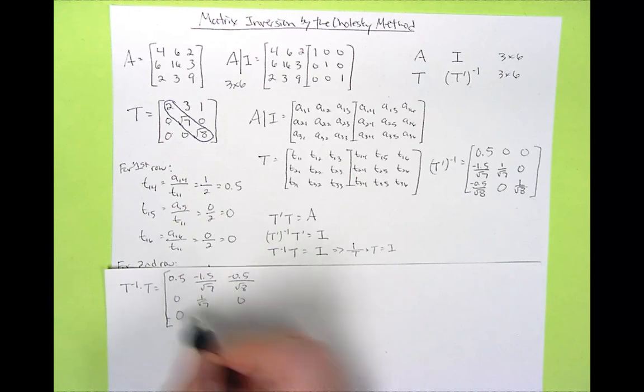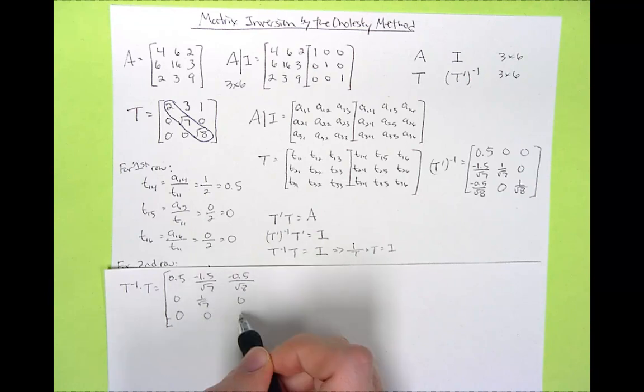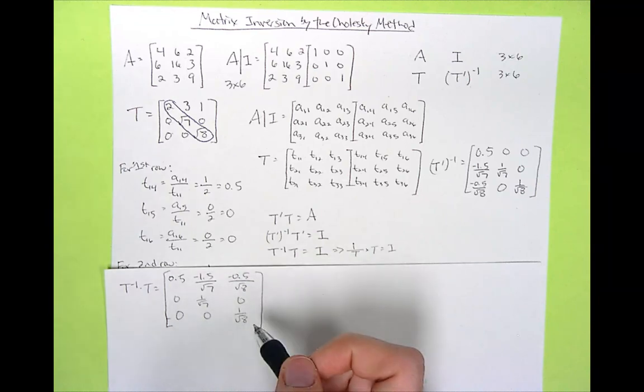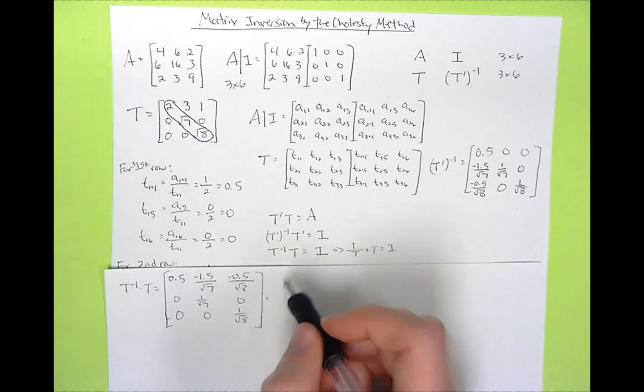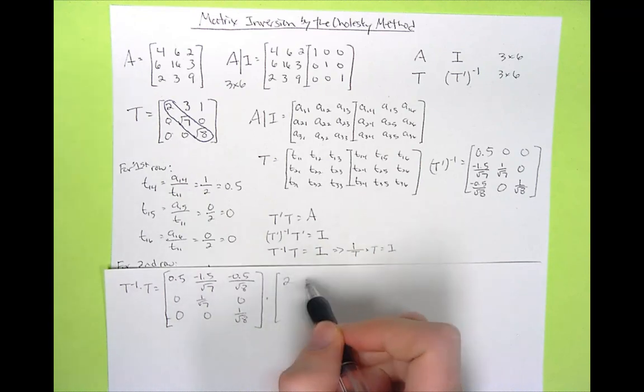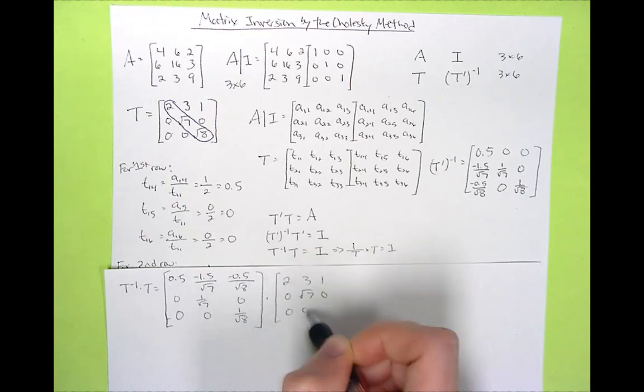This is going to be 0, 0, and 1 over square root of 8, times our T, which was 2, 3, 1, 0, square root of 7, 0, 0, 0, square root of 8.